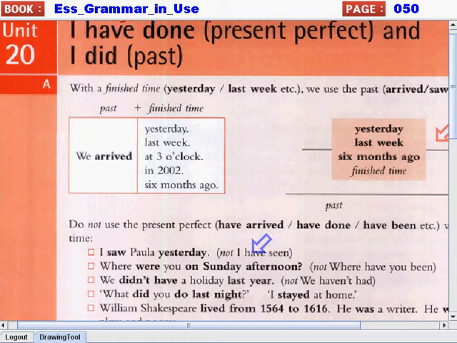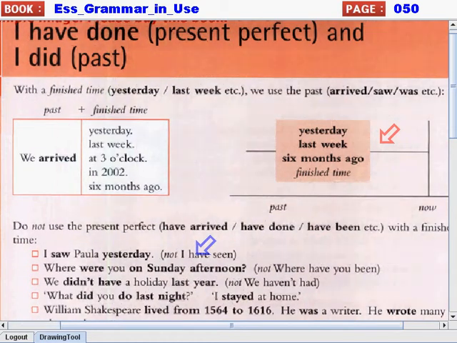Hi students! Today we're going to discuss something in Unit 20, and that something is I have done as our present perfect and the use of I did as past simple tense. Alright?